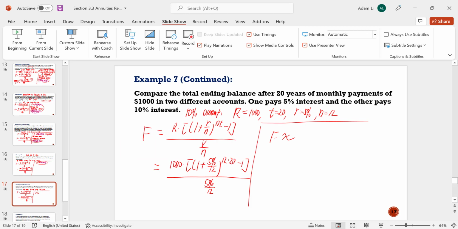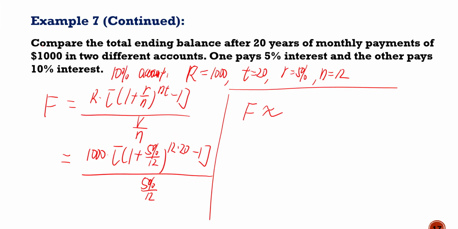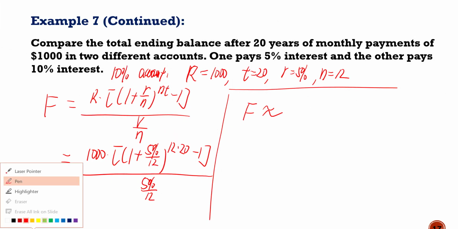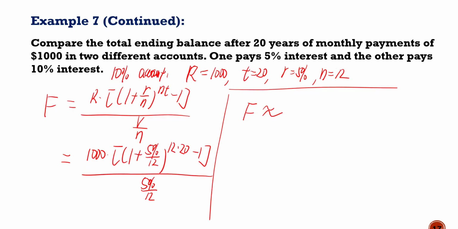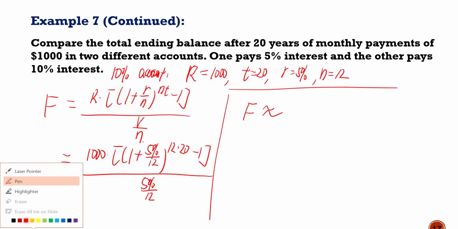$759,368.80. So yeah, this one should be 10% here. It should be 10% here. This is 10%.